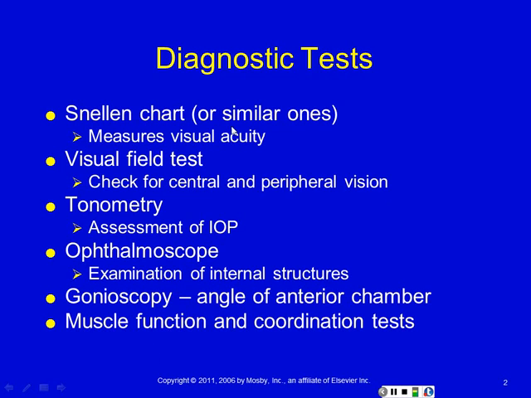There's different versions of this. Like for pre-verbal kids and older adults, there's letters, there's directions. If somebody is nonverbal, you can do the E's. Has anybody ever seen the E's that are in different directions? That's another version. This measures visual acuity at a distance.